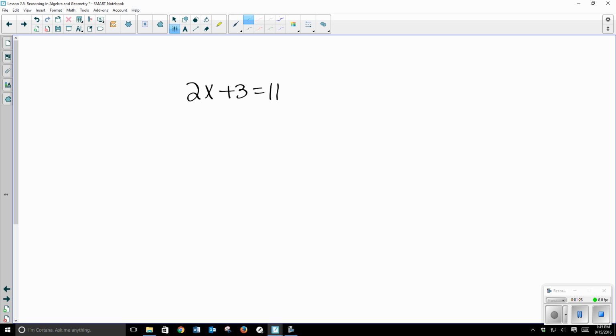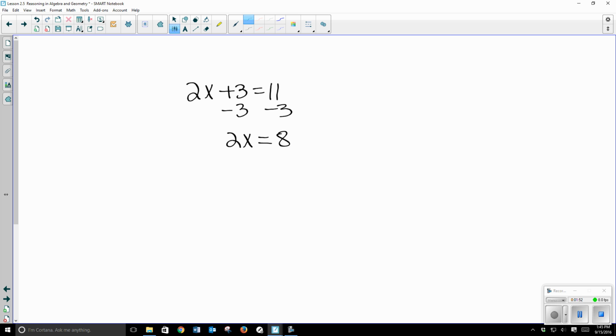So you would use the inverse of 3, which is negative 3. Okay? The property that allows us to subtract 3 from both sides is the subtraction property, which you'll see below the properties of equality. So the inverse is what we're using, but the subtraction property is what we're actually doing to get to this.